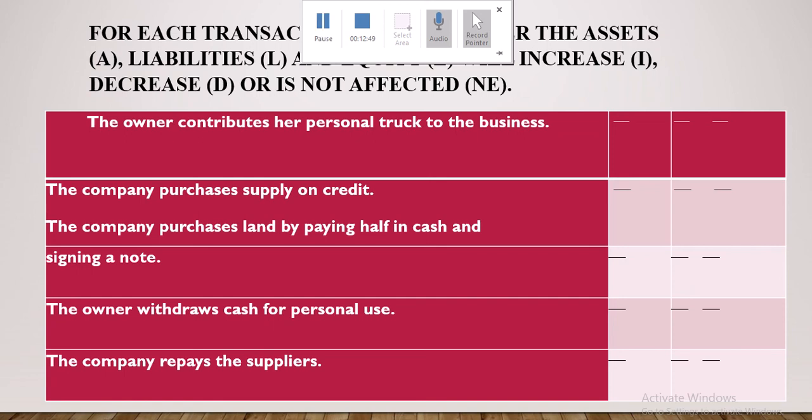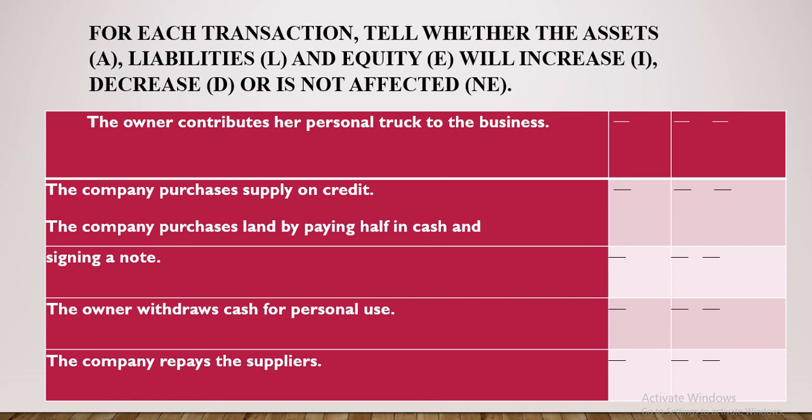So what happened to, let's say, assets? The owner contributes her personal truck to business. So the assets increases and the liabilities is not affected and the equity increases.